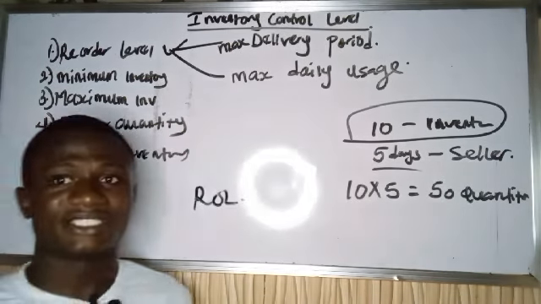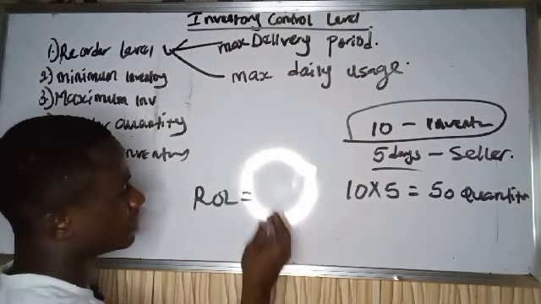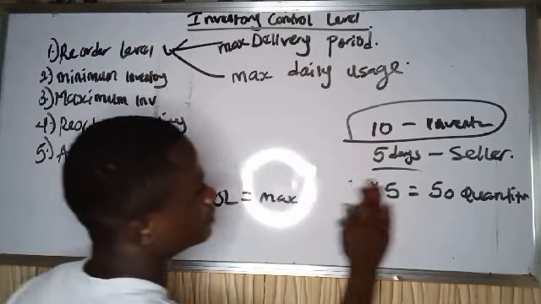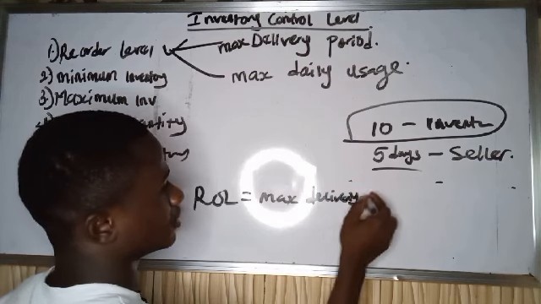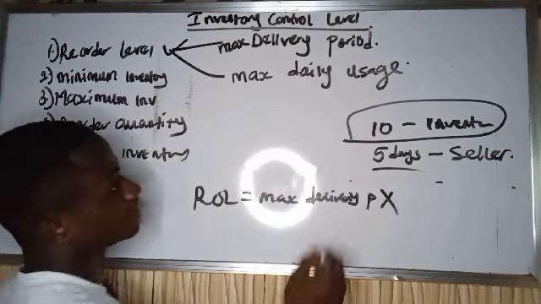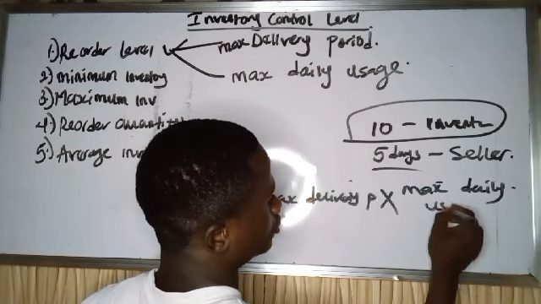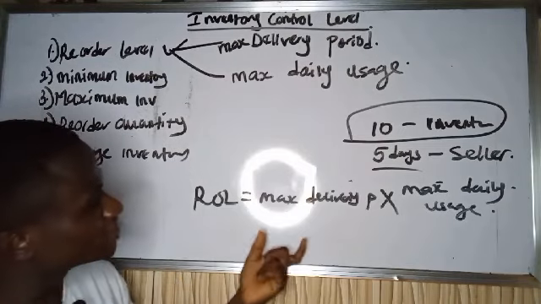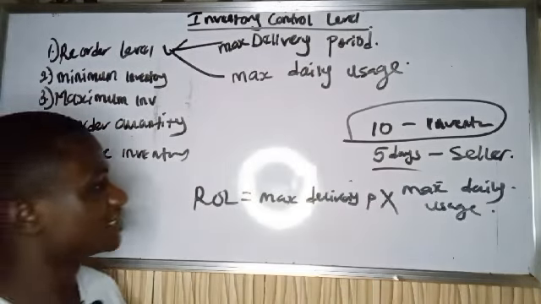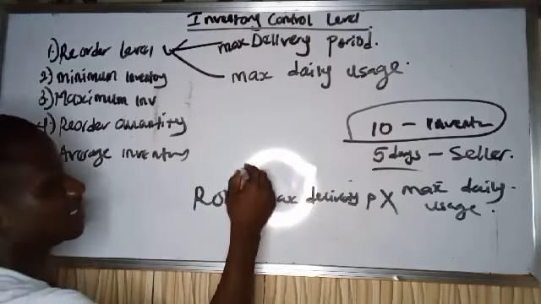Reorder level is simply your maximum delivery period multiplied by maximum daily usage. The major thing there is that this maximum delivery period, they also call it lead time. So instead of delivery period, you can say lead time.